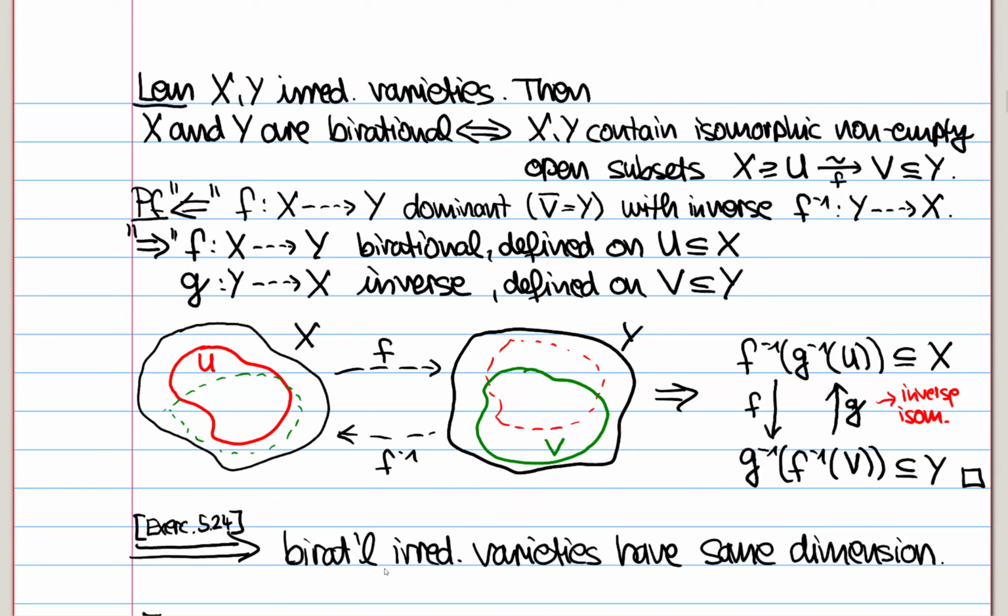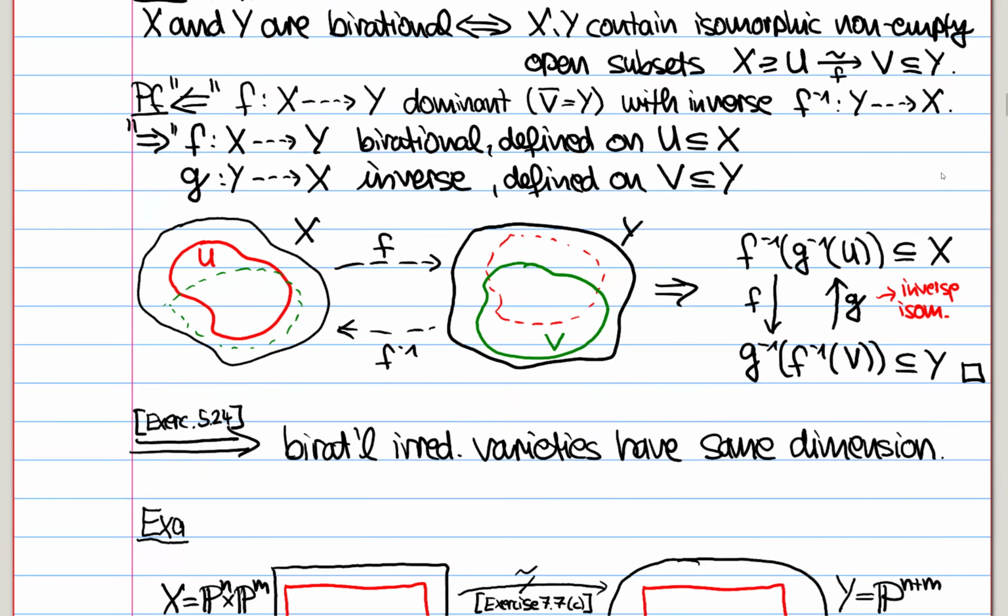And so if you have two birational irreducible varieties, then they have these isomorphic open subsets. And so the dimensions of U and V agree, and so also the dimensions of X and Y agree. So that's a nice thing to remember: for birational irreducible varieties, at least you know the dimension is preserved.